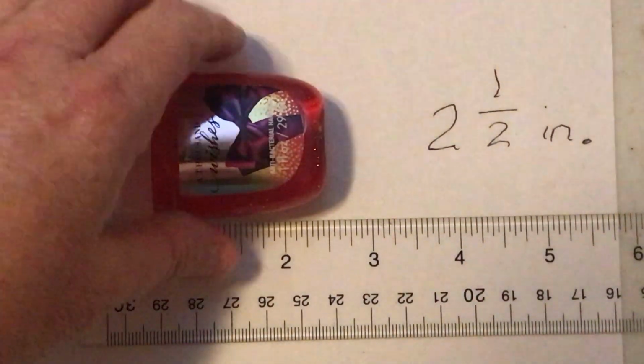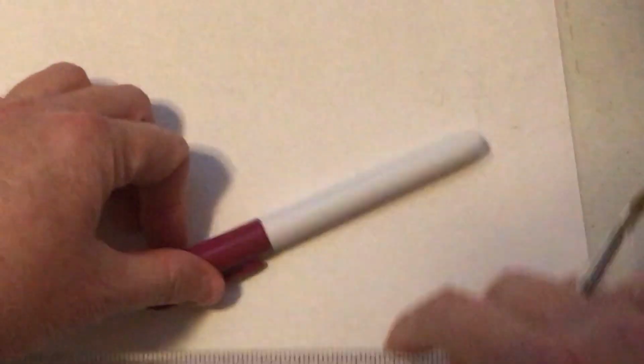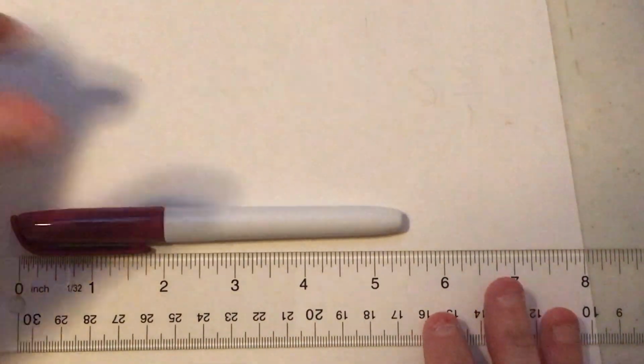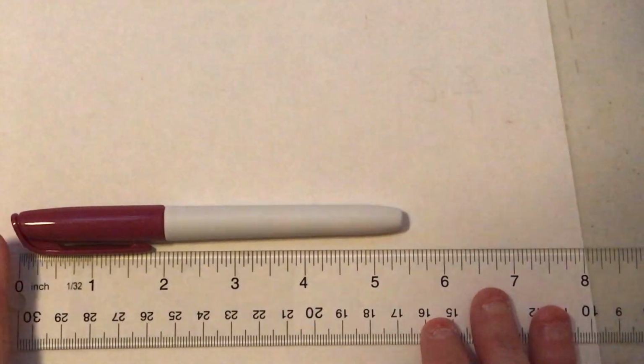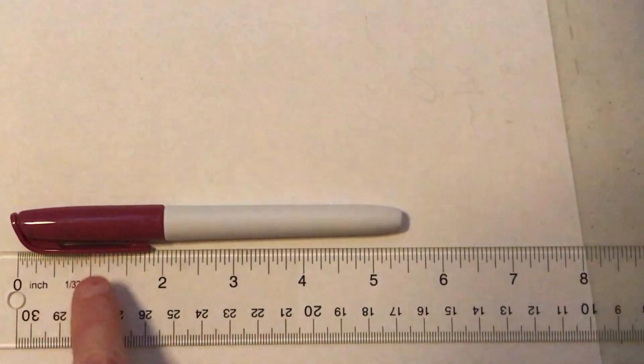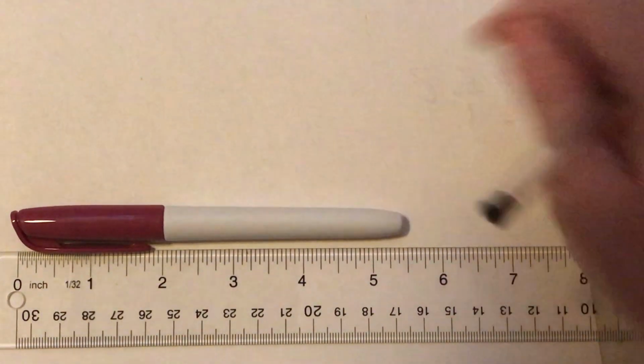Let's try another one. So let's try the marker. So if I line up my marker at the very end, that has to be the 0, and then I'm going to count 1, 2, 3, 4, 5.